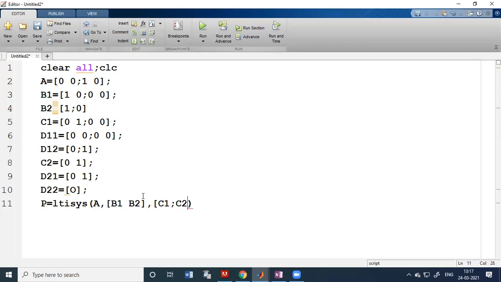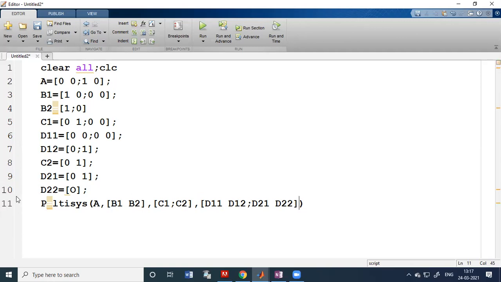Can you see that in your mind? How we are arranging that? Difficult to explain virtually. I have to continuously switch on the screen. Then D11 space D12. The next row must be D21 space D22.